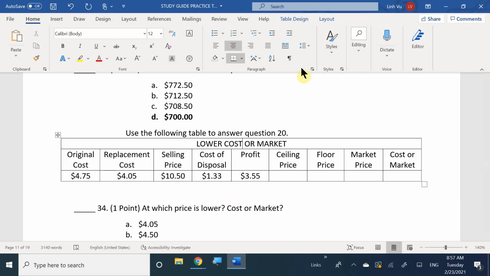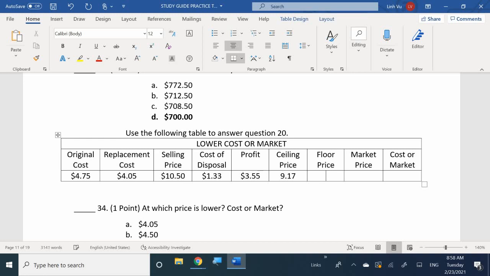So, number 1, what is my ceiling price? 9.17. Okay. What is my floor? 6 point what?